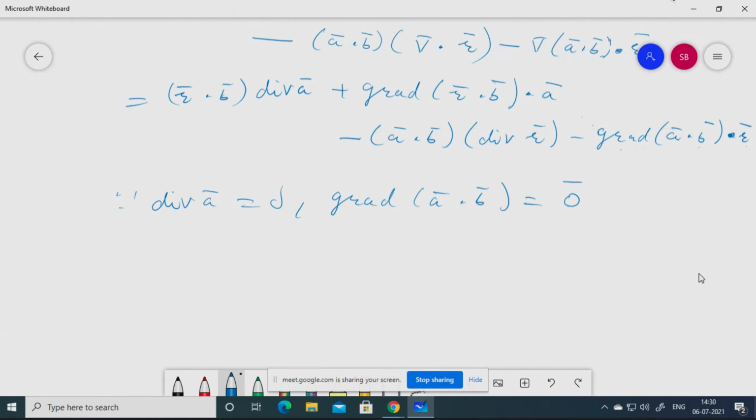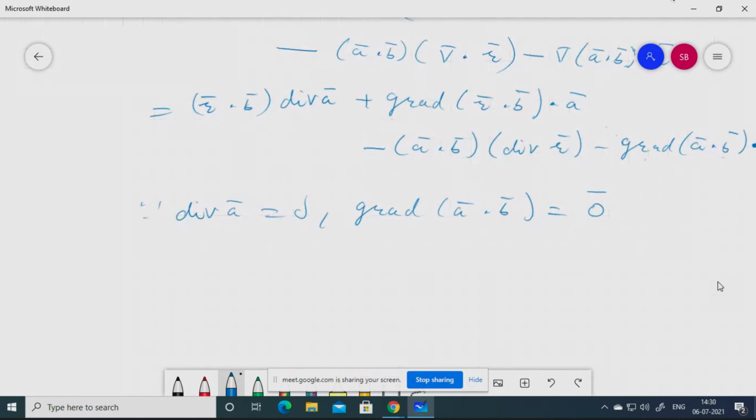Now what else we can find? Divergence of r bar we can find. Divergence of r bar means del dot r bar. What is divergence of r bar? You calculate and tell me.